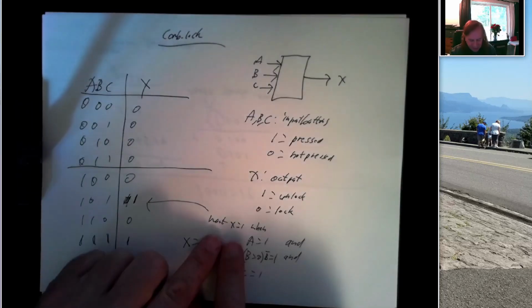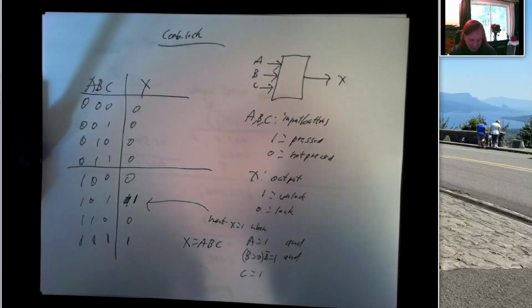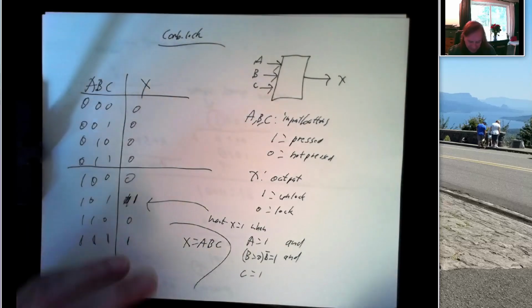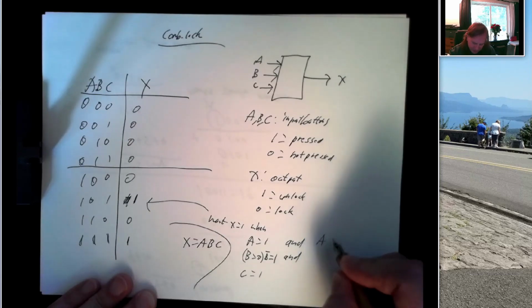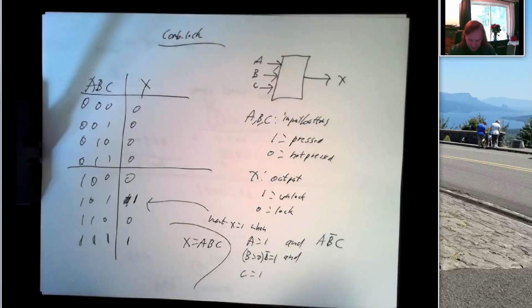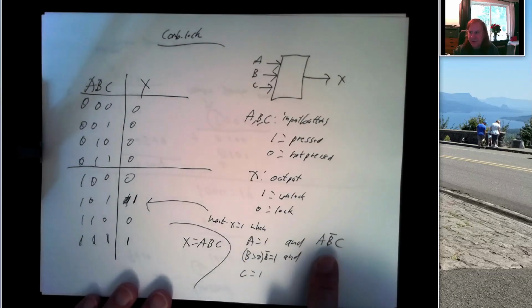And I can say, hey, I want x to be 1 when A is 1 and the complement of B is 1 and C is 1. And I do have a gate that will tell me when this situation is true. It's just this. It's an AND gate with this middle input inverted.